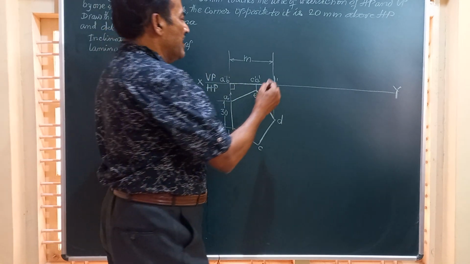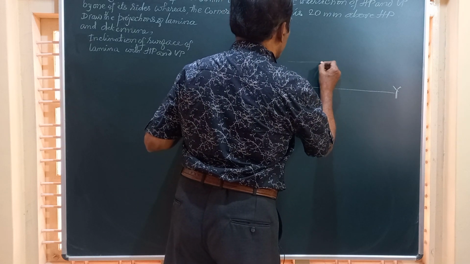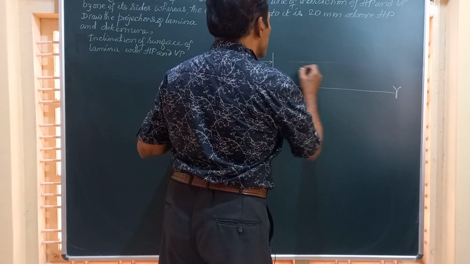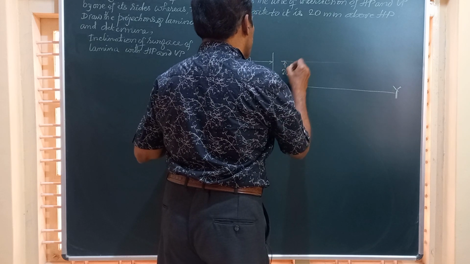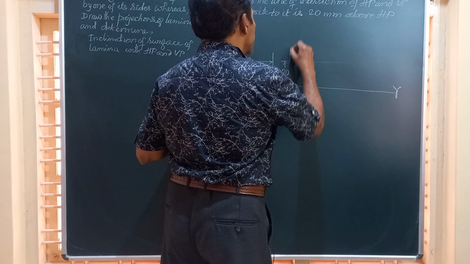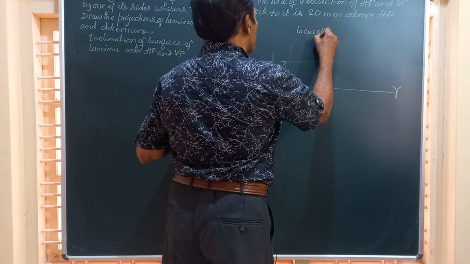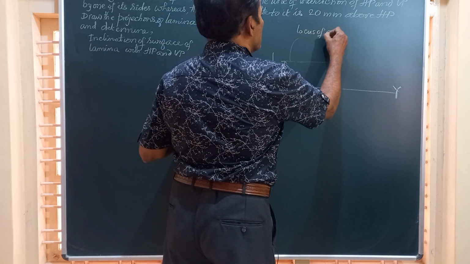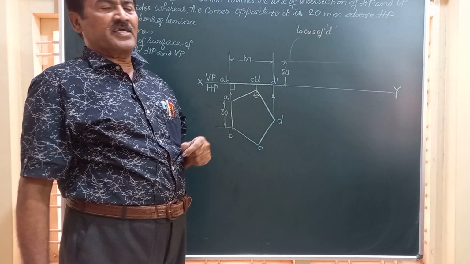So friends, I am going to mark a line anywhere above XY at a distance of 20 millimeter from XY, and this will indicate the locus of the corner D, the locus of that point D.